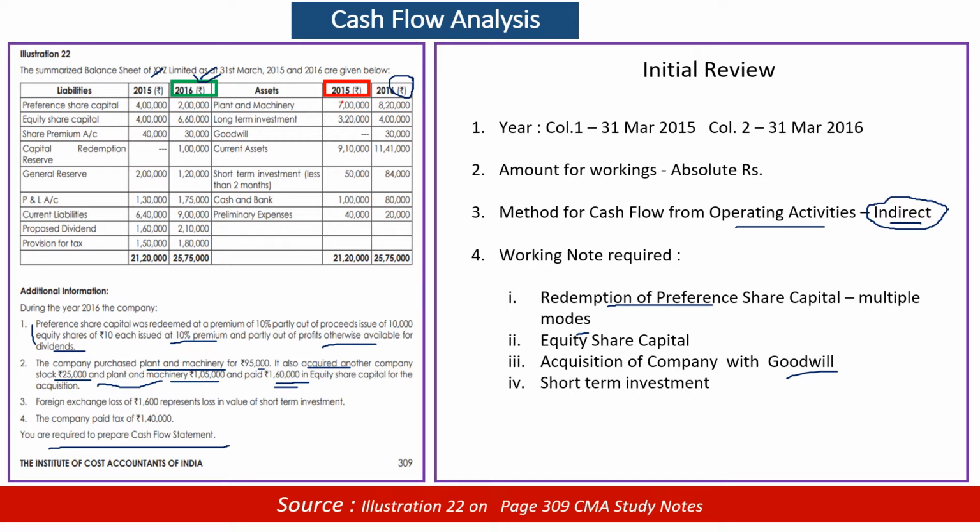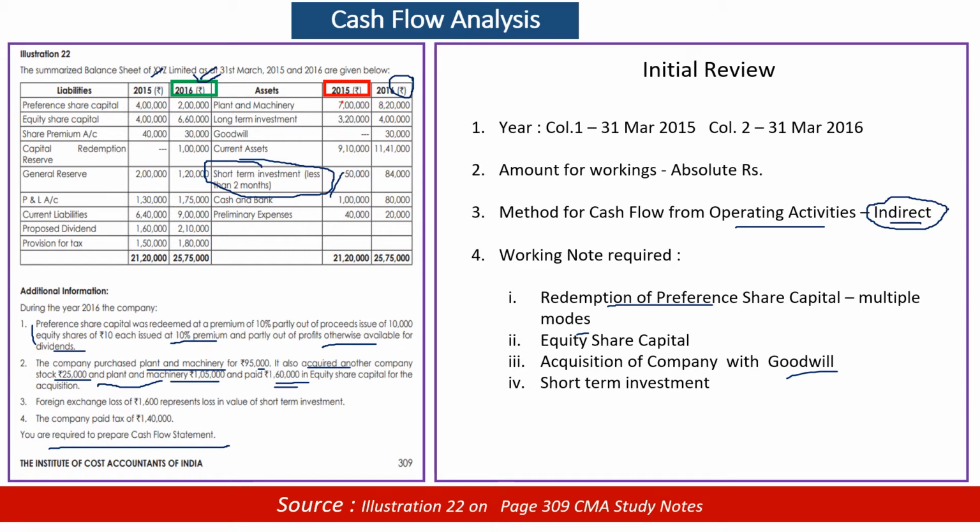Then here once again we have to just see short-term investment less than 2 months. When we say cash flow, we say cash equals cash balance plus cash equivalents. Cash equivalent is defined separately as one which is easily convertible into cash in a very short period.